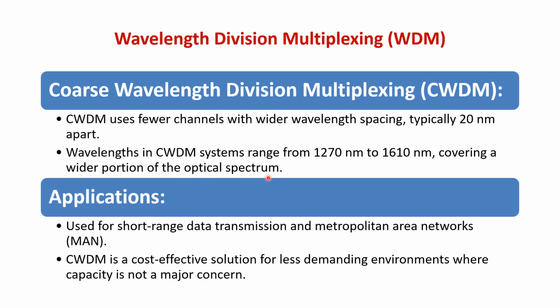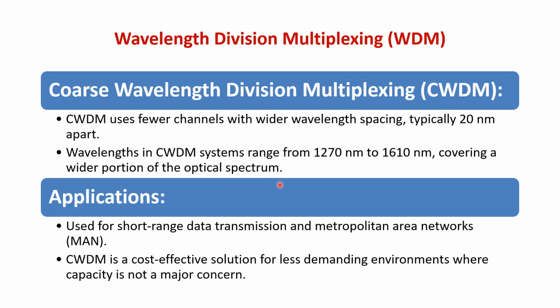CWDM typically supports up to 18 channels with different wavelengths. Since the wavelengths are far apart, CWDM does not require highly sophisticated or expensive equipment to maintain the precise control over wavelengths required in dense wavelength division multiplexing.